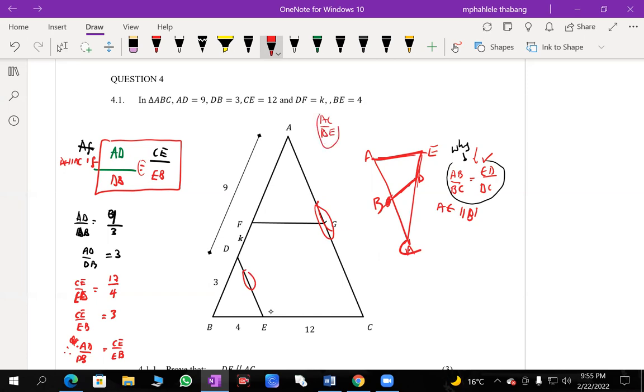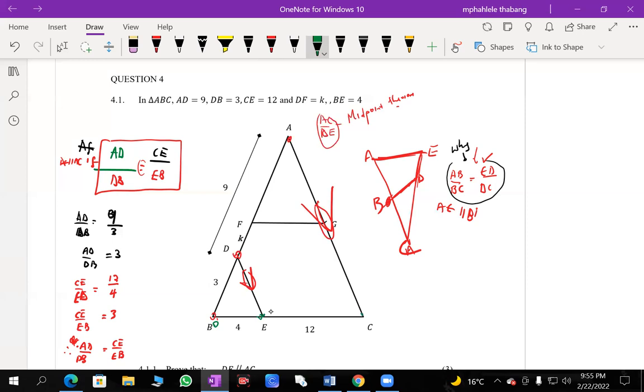Sometimes we talk about something like the midpoint theorem, which is another theorem. Don't do AC over DE. Focus here: line parallel to line. We can do BD over DA, BE over EC.